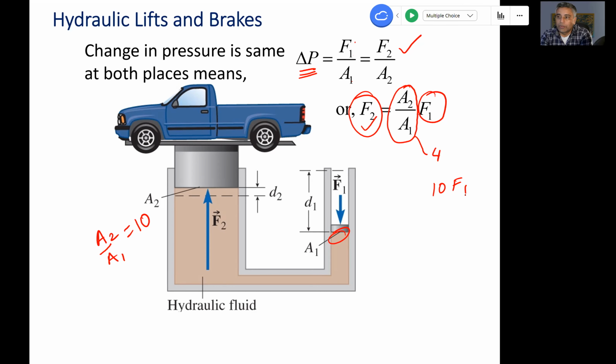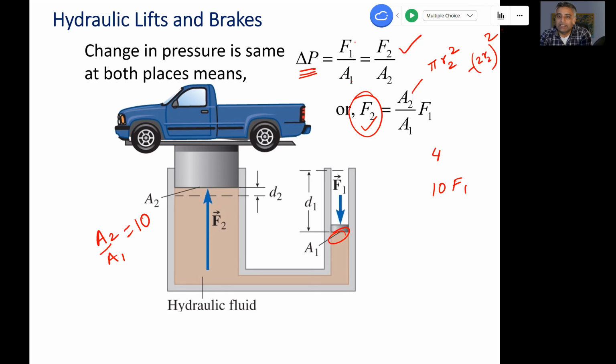It's directly related to the area, but sometimes you may be given a radius. So for that, you need to recall that area is proportional to the square of the radius. So when you double the radius, what happens? The area becomes 4 times larger, right?